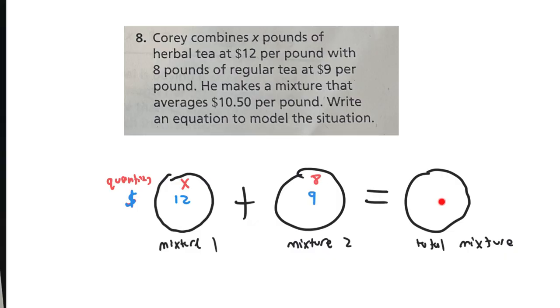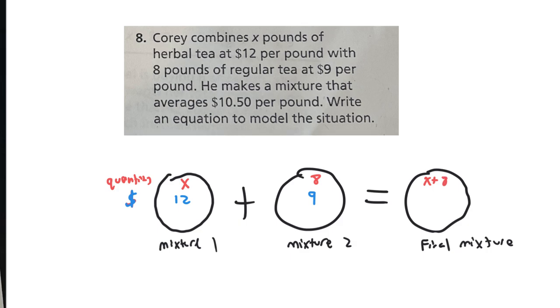And over here, I'll call this the final mixture. I like that better. The total pounds of the final mixture is going to be this amount of pounds plus this amount of pounds, so that's x plus 8.